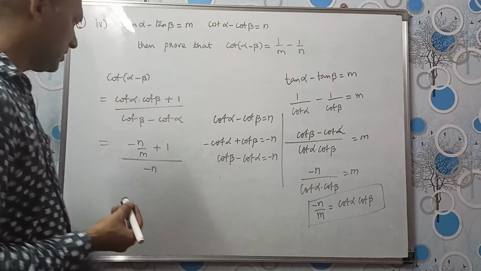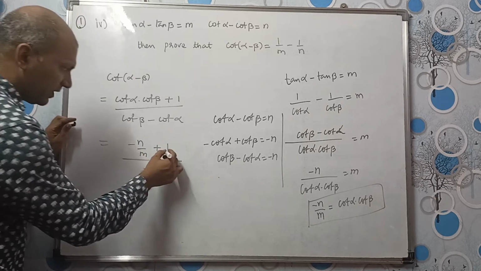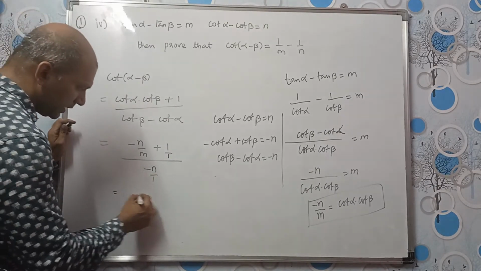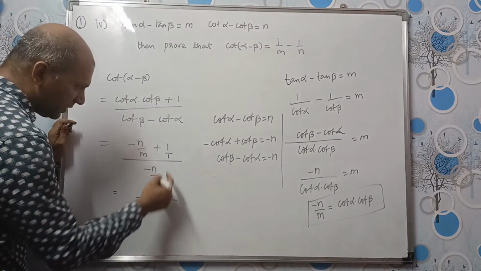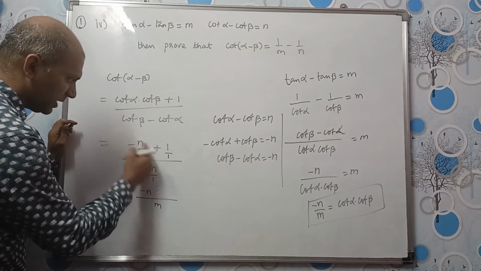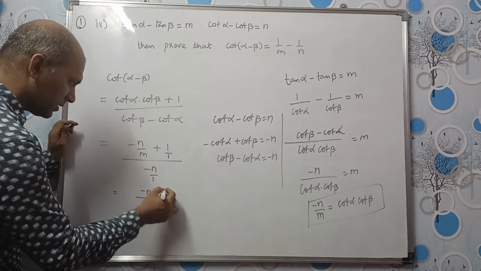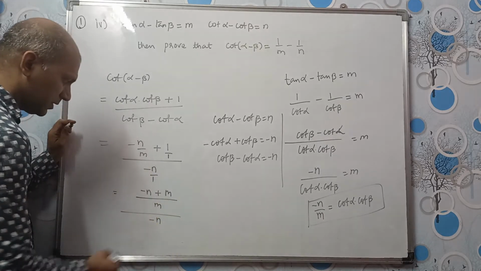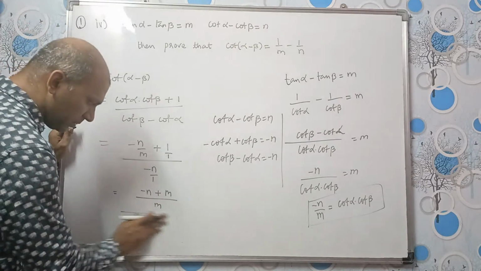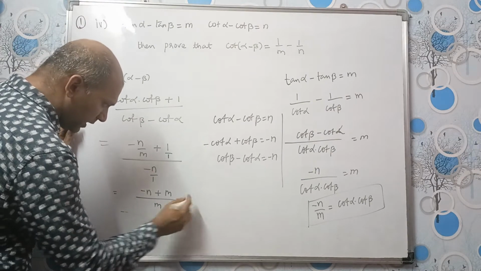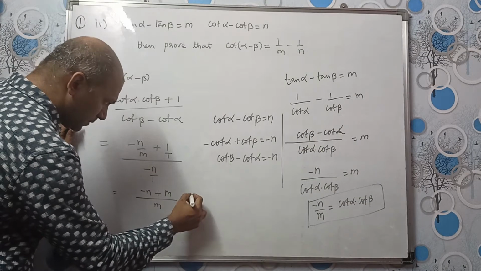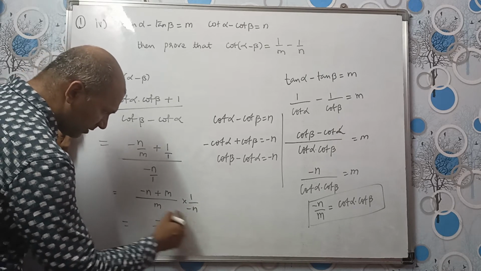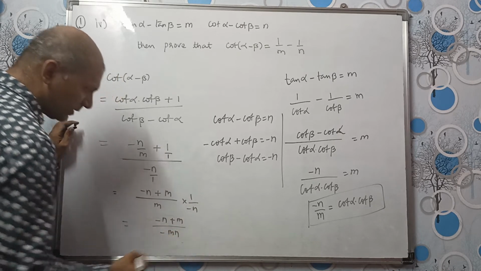Now let us find out, this is 1 by 1, we can write it divided by 1 here also, right? So here denominators are different, so cross multiply: this plus m divided by minus n divided by 1, so this will become 1 by minus n, so this will be minus n plus m divided by minus mn.